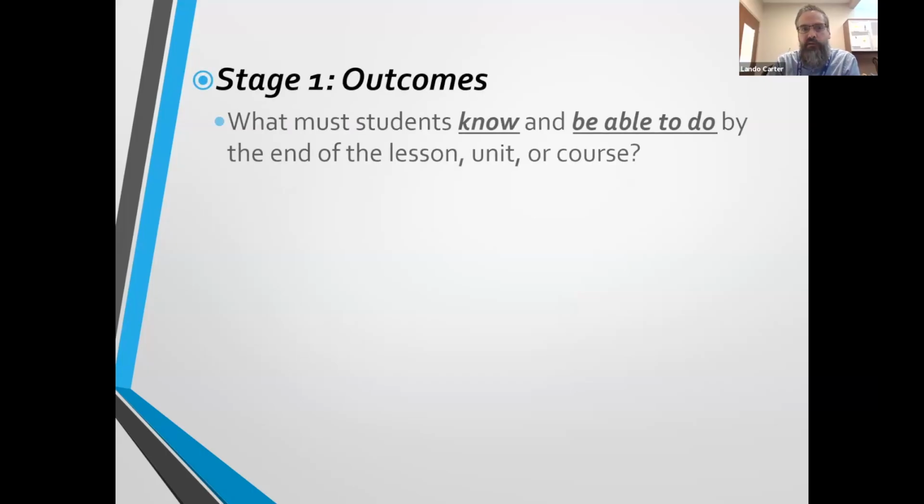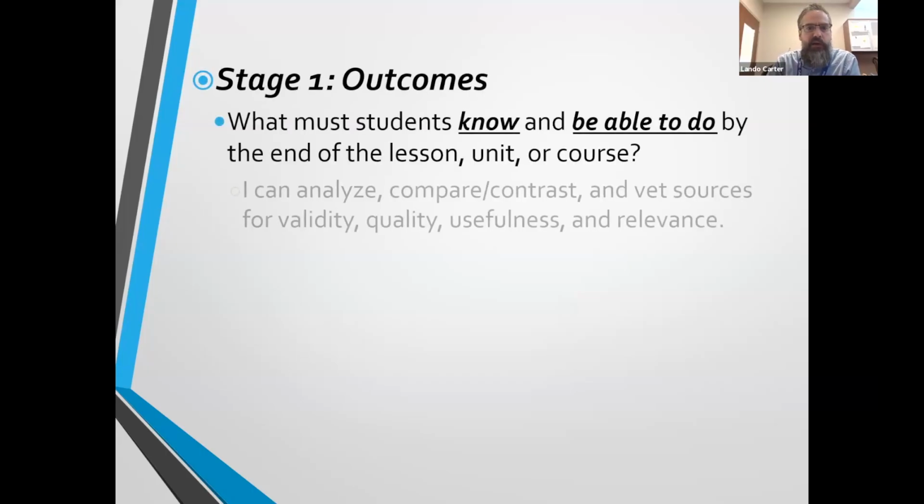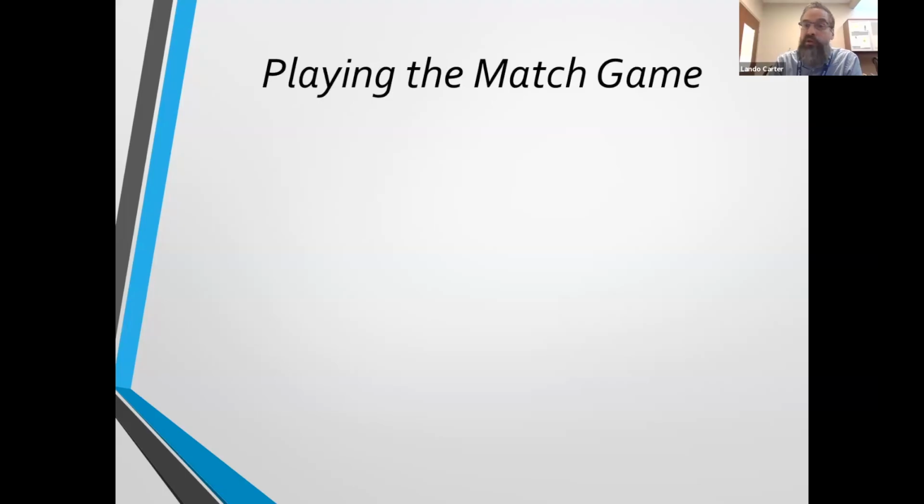So I'll return to a key question in our outcome: can I analyze, compare, contrast, all those great things. Then we want to play the match game. This is stage two. Once you set your outcome, you've got stage two, where we decide how they will show us that they know it and can do it.